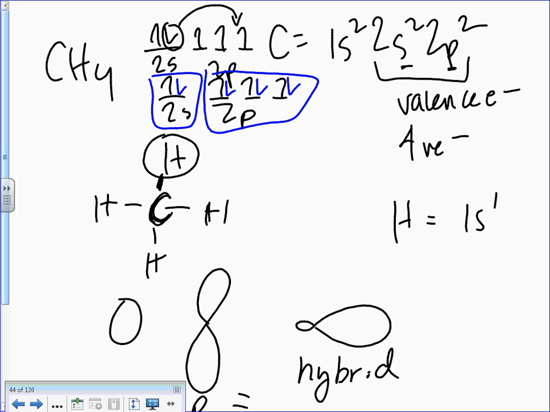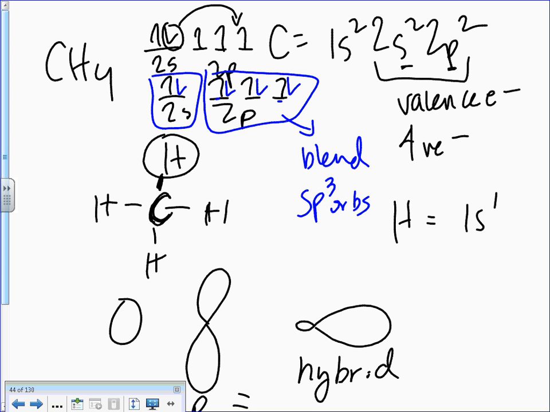So how many p orbitals am I representing in this picture? 3. How many s orbitals? 1. So when I blend these, I call them sp3 orbitals. Why do I call them sp3? Because there are 3 p orbitals and 1 s orbital.